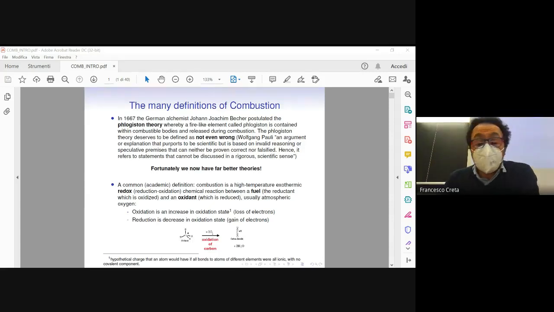Because in effect, we're going to be talking about a limited number of physical processes that are related to thermodynamics, that are related to non-equilibrium processes like chemical kinetics, and that are related finally to transport phenomena, essentially molecular diffusion and thermal conduction.